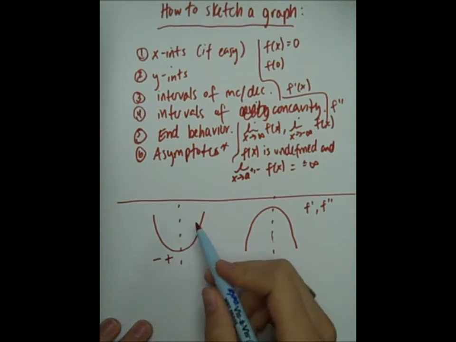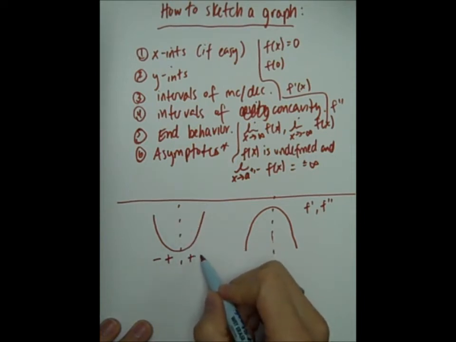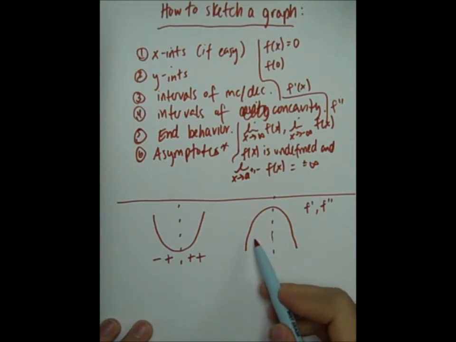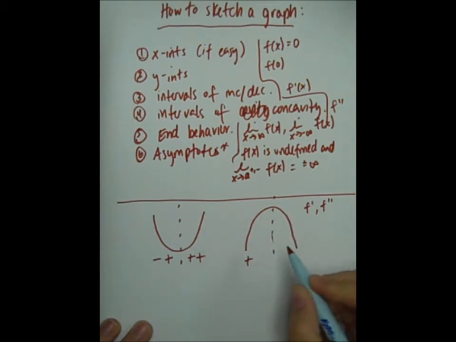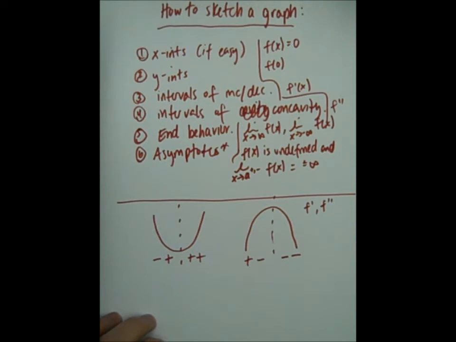This one, it's a positive slope and still concave up, so that's plus plus. Over here, I have positive slope, but it's concave down. And then here I have negative slope and concave down. That's going to be the notation that we use to get the shapes of these graphs. So we want to understand this notation. The first sign is telling me the slope, which is f prime. The second sign is telling me concavity, which is f double prime. Alright, so let's see how this works.